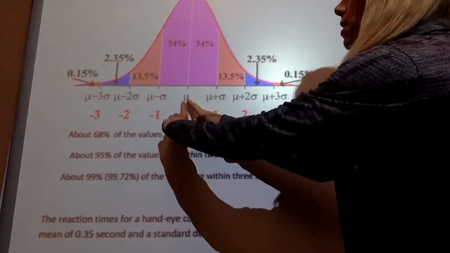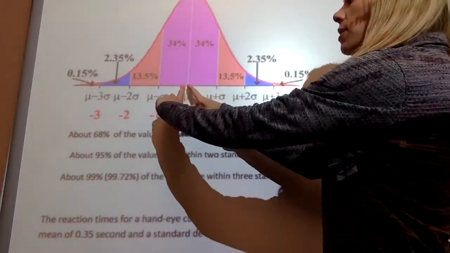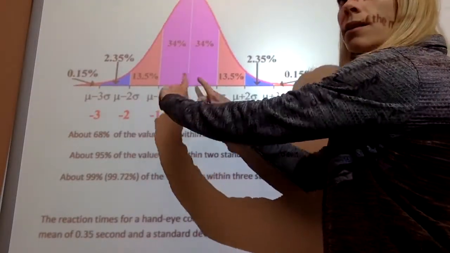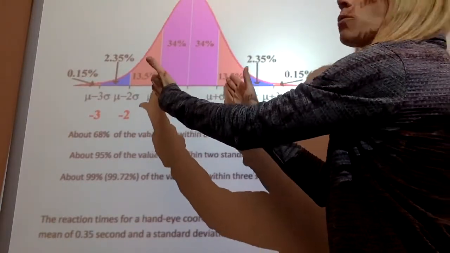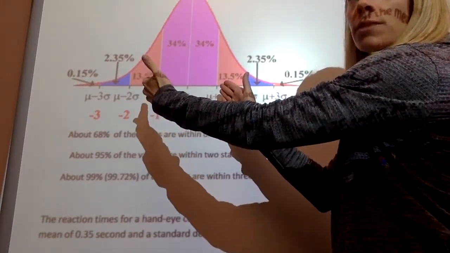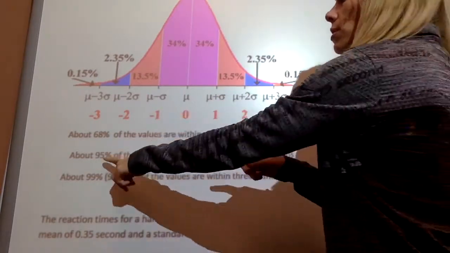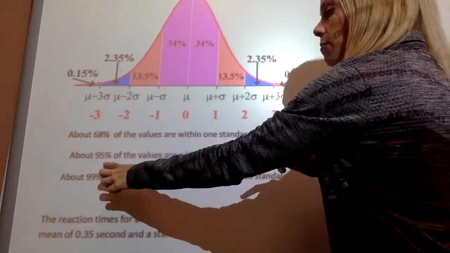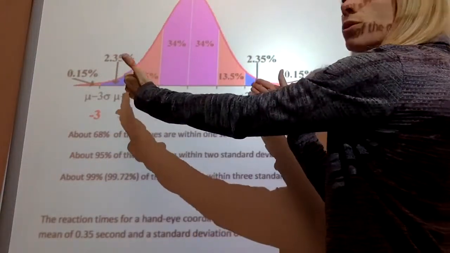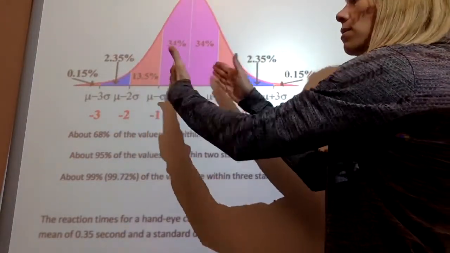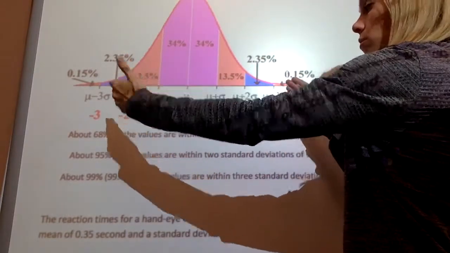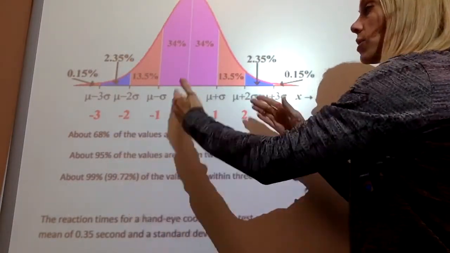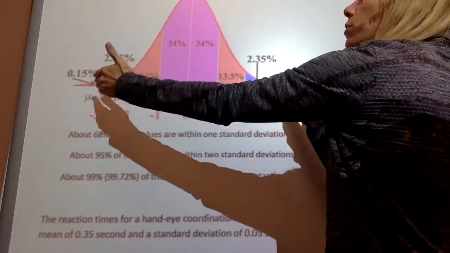Okay, so a couple of things. If this is my mean and we count one standard deviation both ways, we kind of did this the last section, 68% of my data is within one standard deviation. Okay, if I go out two standard deviations, 95% of my data is within two standard deviations of my mean, so go both ways. And then within three standard deviations would be 99.7%.